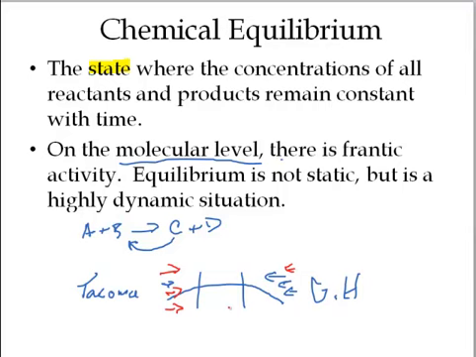But if we were to look at the population on either side of our bridge, and we were to take the population during the day, we could say that it's probably staying relatively the same, even though there's cars going back and forth. All right, and so that's kind of like a big analogy to what's going on at the molecular level, and hopefully that makes sense. Something that makes sense to me. But let's move on to the next thing.